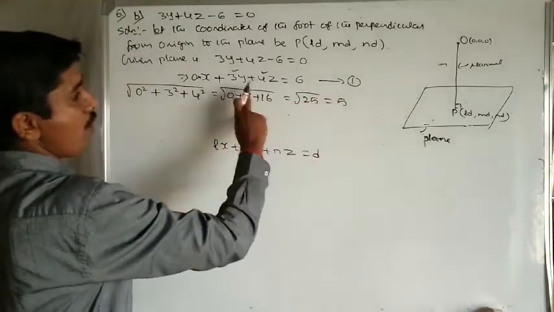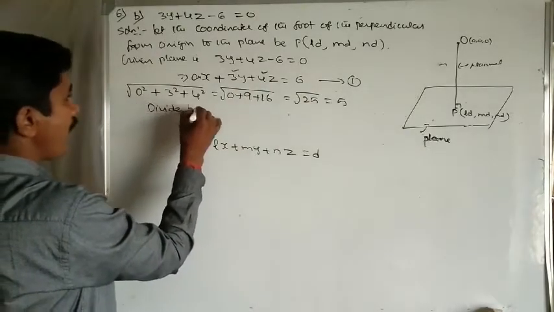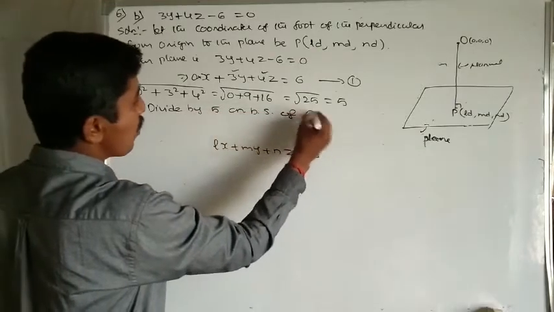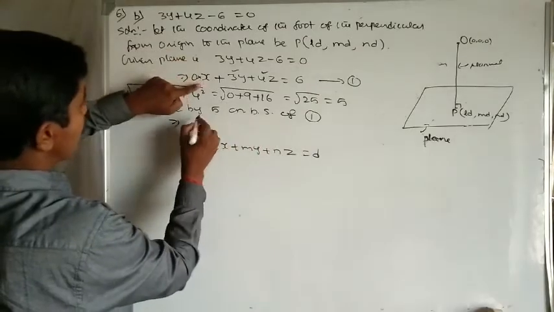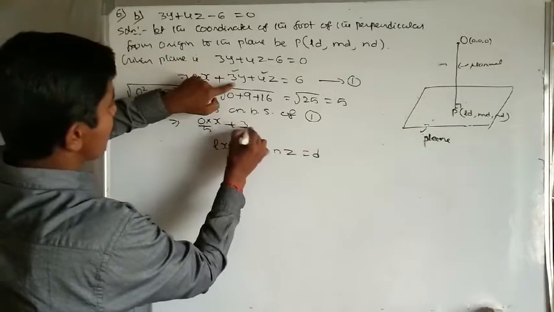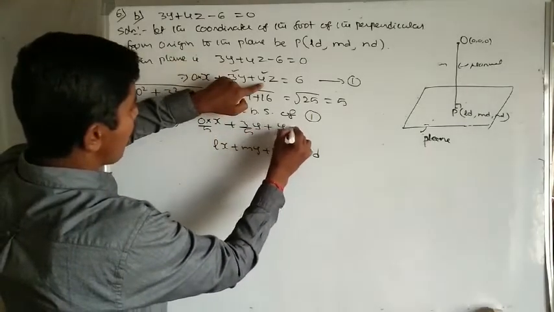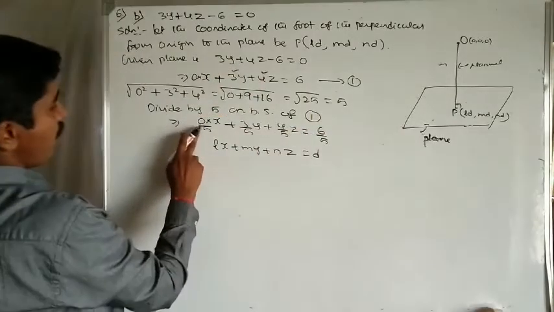Divide by 5 on both sides of equation 1. Then 0 by 5 plus 3 by 5 into y plus 4 by 5 into z is equal to 6 by 5. Here 0 by 5 is 0.